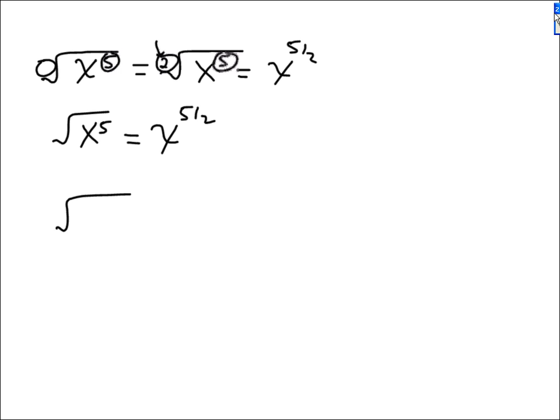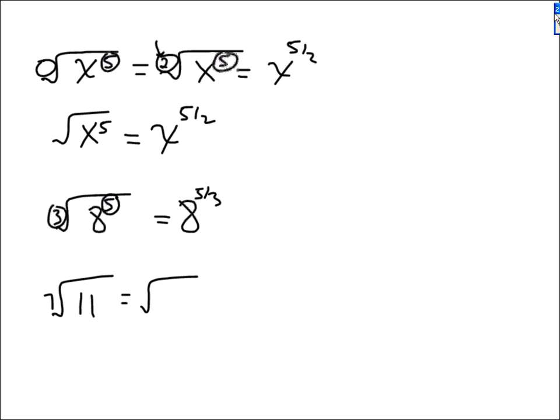If you were asked to write the cube root of 8 to the 5th in exponential form, you would write 8 raised to 5 over 3. If you had the 7th root of 11, you need to be mathematically mature enough to know that there's a 1 for the power of 11: 11 to the 1 over 7.